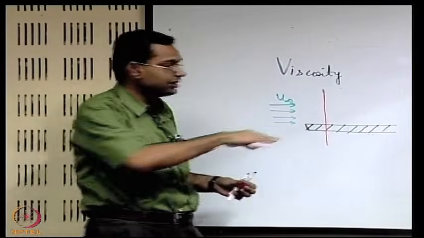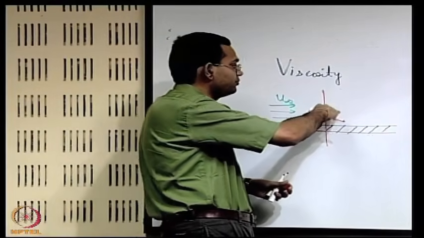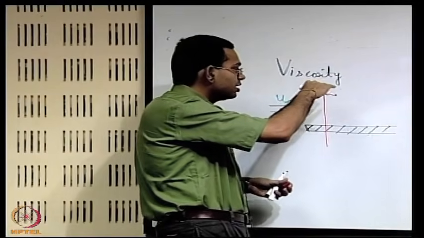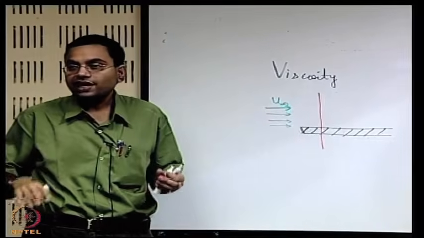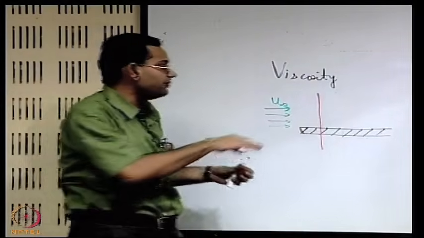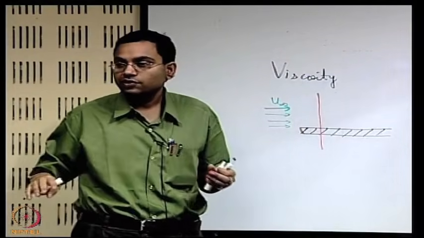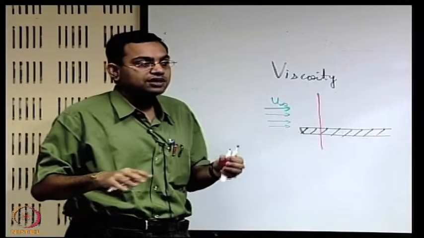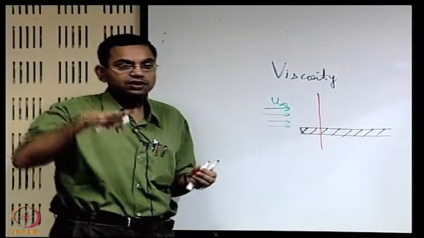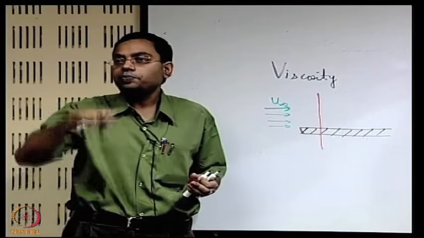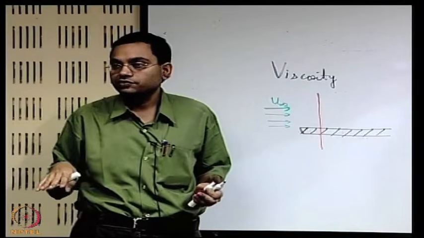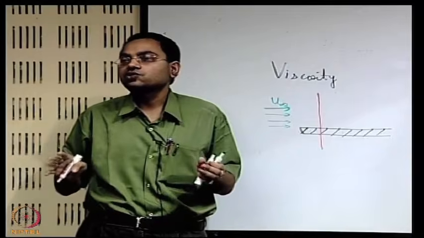On the other hand, the fluid above that layer is not feeling the effect of the wall directly, so it is trying to make the fluid move faster. Therefore, it is being subjected to a competition where the bottom layer is trying to make it move slower, the upper layers are trying to make it move faster, and it has to adjust to this.